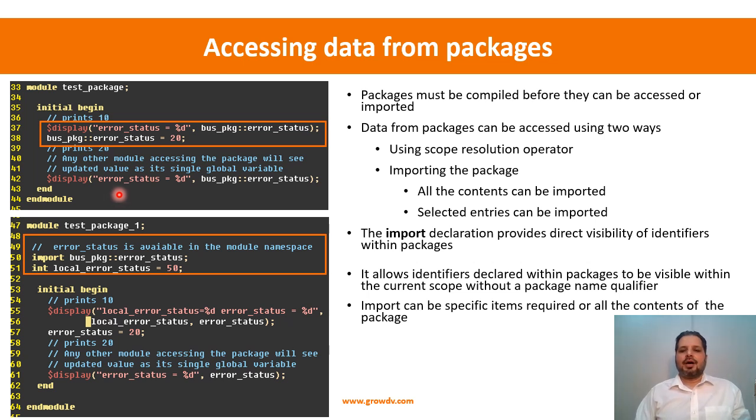So this way I can access the package that is compiled using the scope resolution operator with the name of the package. Note that if this particular package is imported across multiple modules or at any other places, interfaces, whatever value we update for the variable present within the package will be visible to the other entities as well.